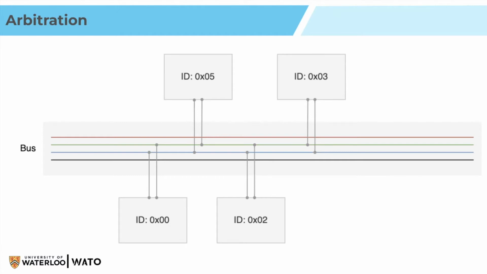So from this example, if all 4 devices were to talk at the same time, device ID of 0 would talk first, followed by 2, followed by 3, and finally by 5. In this way, we can guarantee that the highest priority message will be serviced first by the bus. And that way, you can ensure that it's read by the bus.